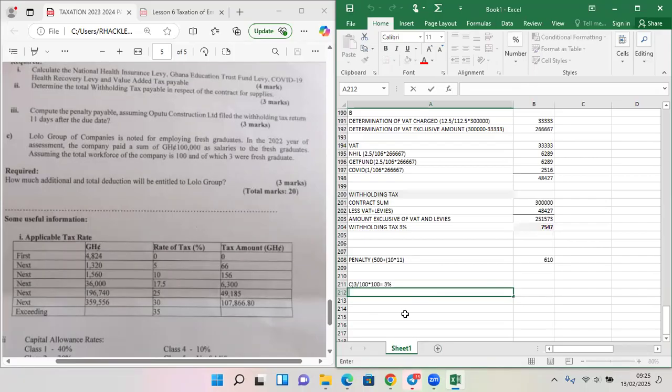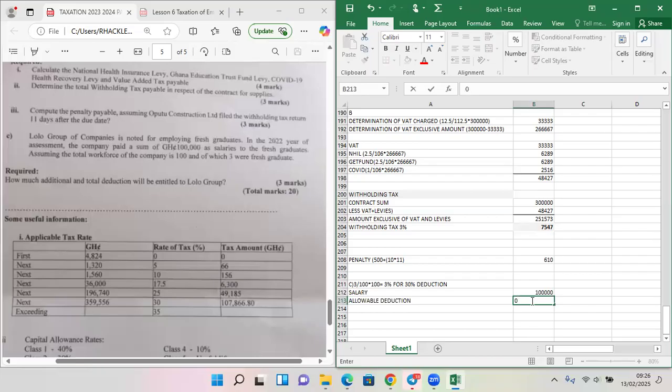So now we are going to bring the salary, 100,000, and then our deduction is going to be 30%.